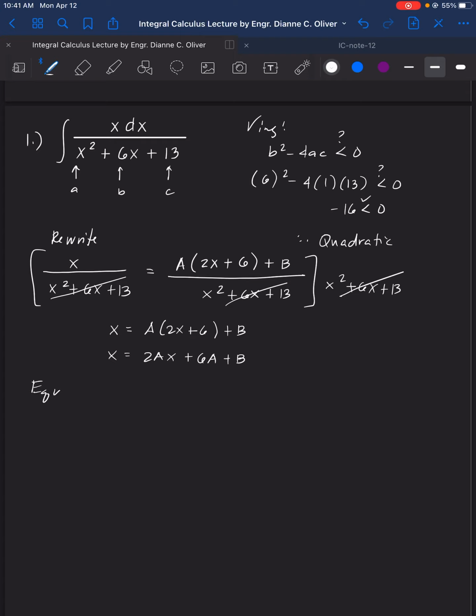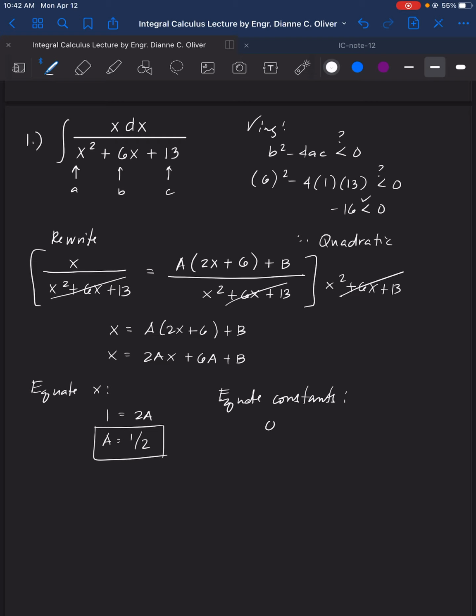Equate x. So we have here the x coefficient, 1, equals 2A. Therefore, A is equal to 1/2. Now for constants, equate constants.